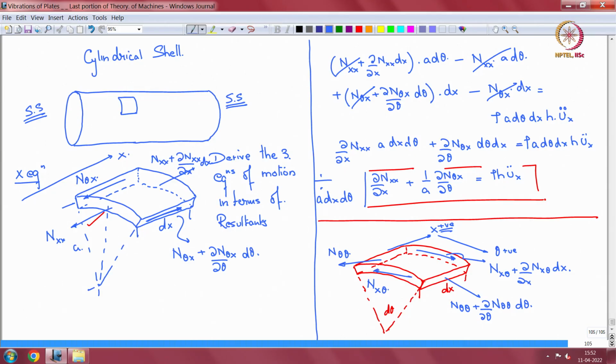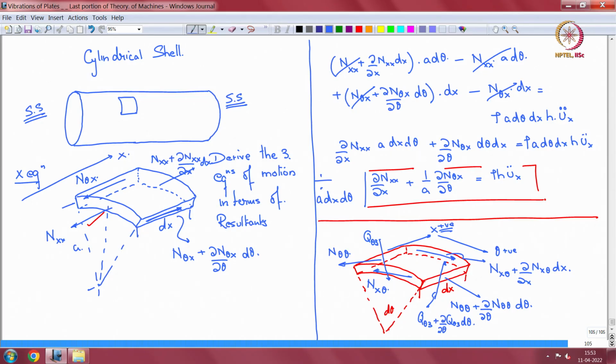We have the q_theta3, and the incremented q_theta3 plus del q_theta3 by del theta d theta. Okay, that's about it.